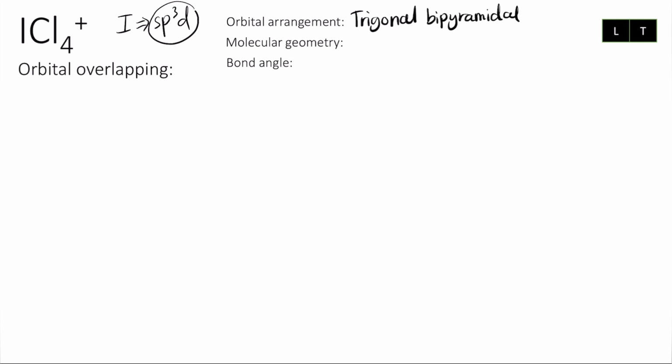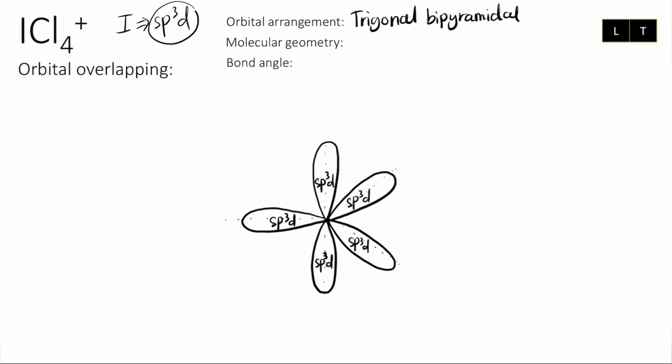And then sekarang kalau kita lihat trigonal bipyramidal, dia ada bentuk macam AB5. And then saya akan show the orbital overlapping. Orbital overlapping hanya untuk 4 chlorine. Kalau nampak kat sini hanya ada 4 sahaja chlorine. So maknanya satu akan jadi lone pair.